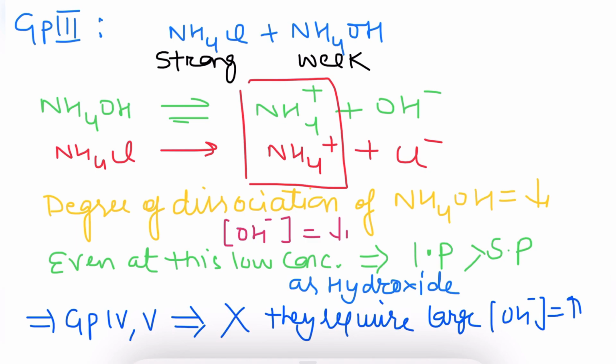So here the solubility product is more than the ionic product. As I told you earlier, a precipitation reaction takes place if and only if the ionic product is more than the solubility product. So that's why group 4 and 5 radicals are not precipitated here as metal hydroxides, because their solubility product is quite high.